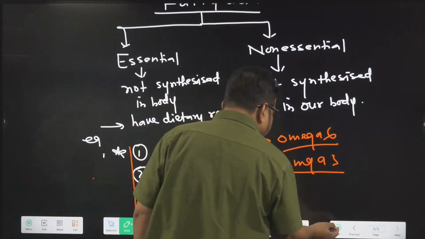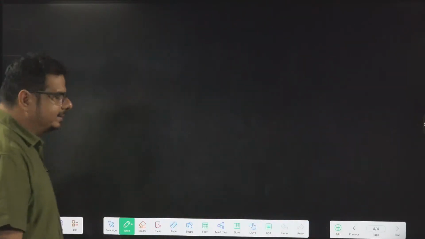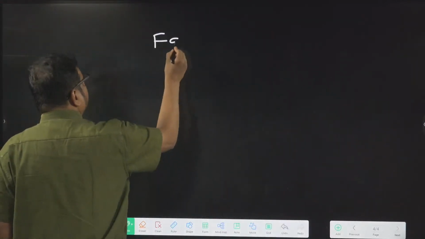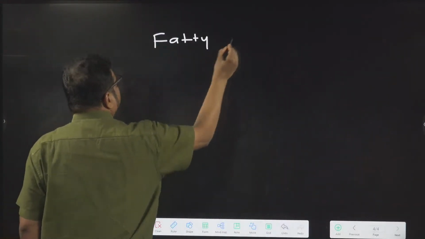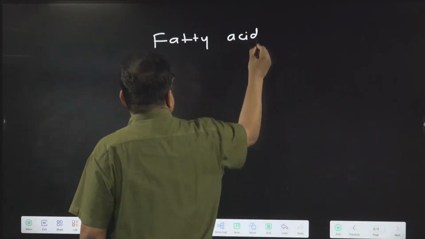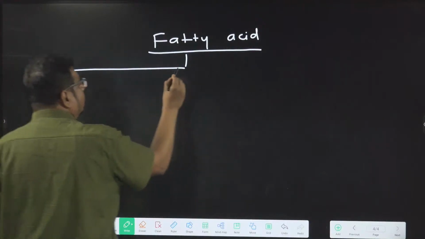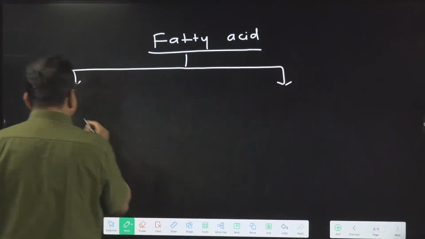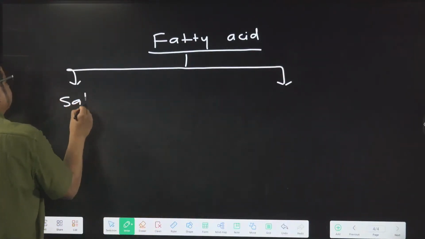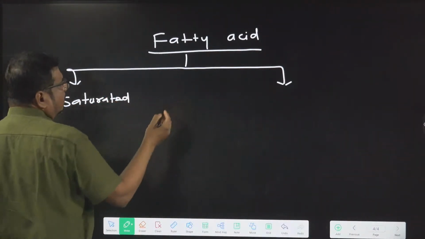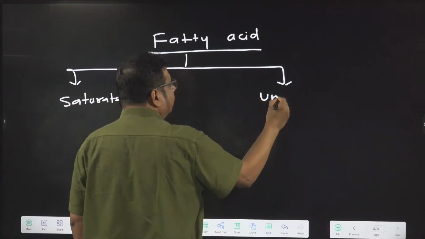Now we are going to deal the further classification of fatty acid. If we talk about fatty acid, we can further classify it into 2 categories. So one is called saturated fatty acid and another one is unsaturated fatty acid.